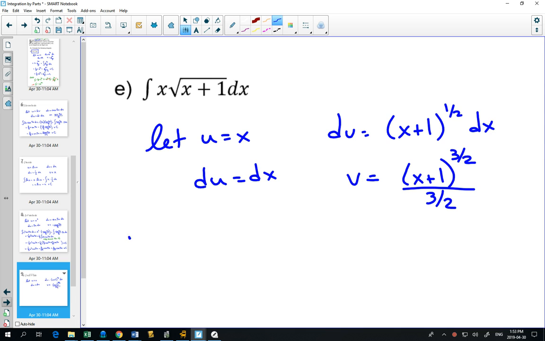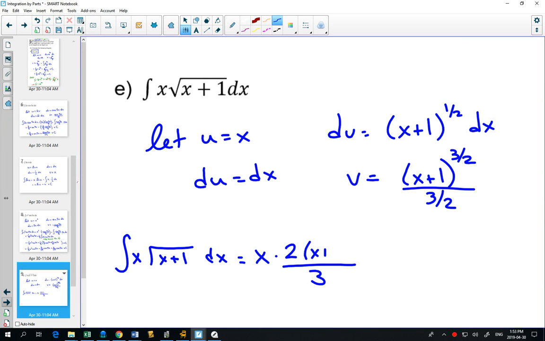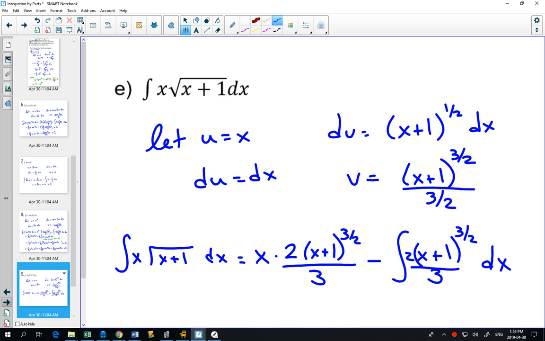And so now we can say that our original integral will equal u times v, so x times, and I'm going to multiply by the reciprocal, so I get a 2/3, minus the integral of v. So again, I'll have that 2/3 out in front, times du, and du is just dx. And so what's inside my integral is now almost identical to what my dv was originally.